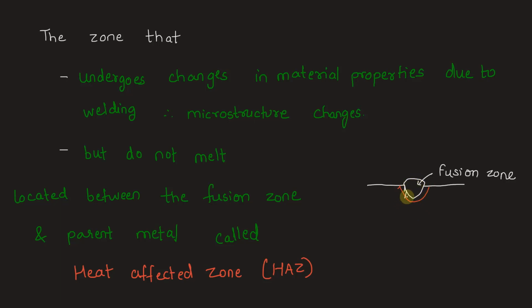This portion will not melt, but it will undergo some material property changes, that is microstructural changes. And the parent or base metal, this remaining portion, should not undergo any changes in material properties, or even melt. So this is the heat affected zone.